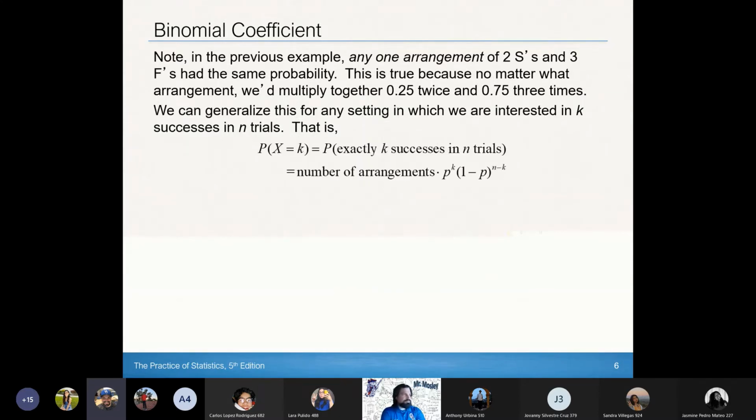That is, the probability of x equaling k, the probability of having exactly k successes in n trials, is equal to the number of arrangements times the probability of success to the kth power times 1 minus the probability of success, or the probability of failure, to the power n minus k, where n is the number of trials.